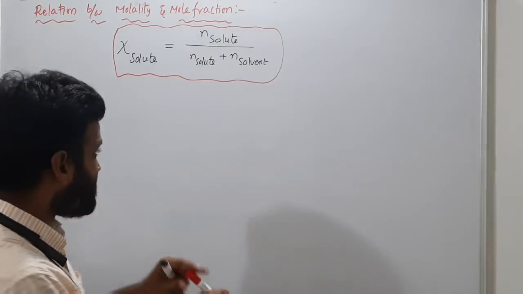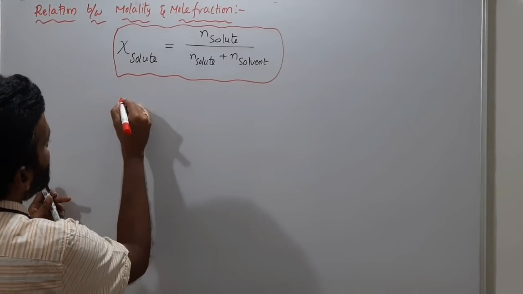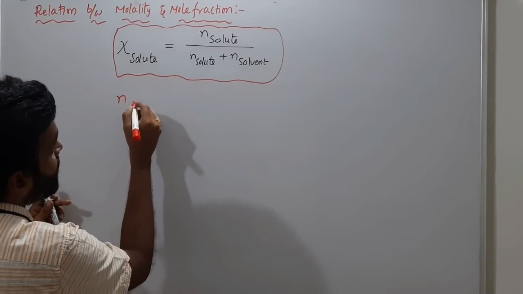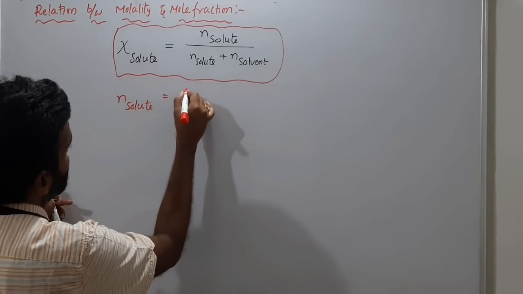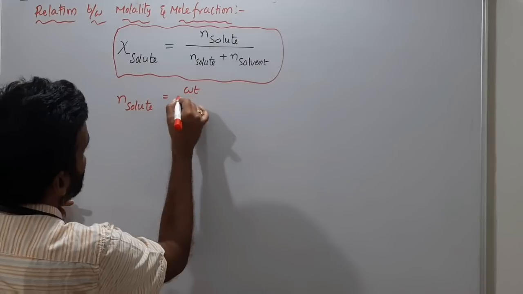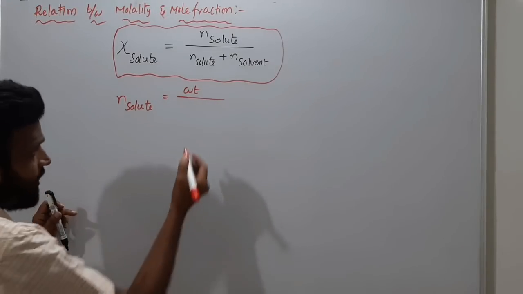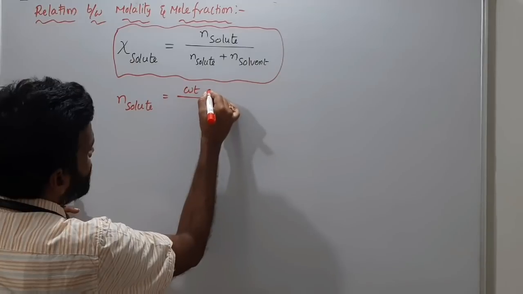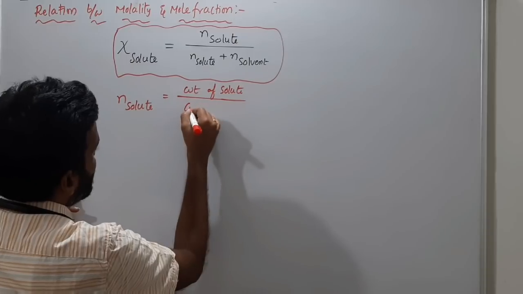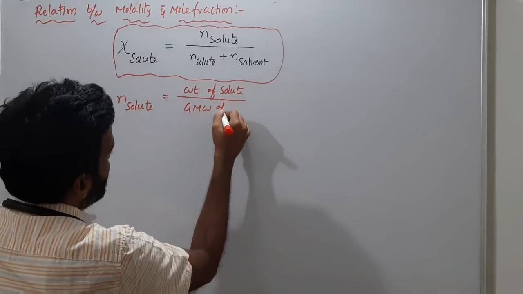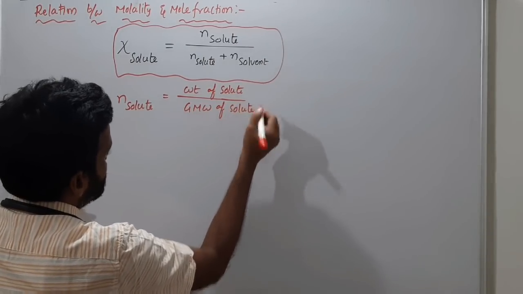Okay, what exactly is the number of moles of solute? It is nothing but weight of solute divided by gram molecular weight of solute, correct.